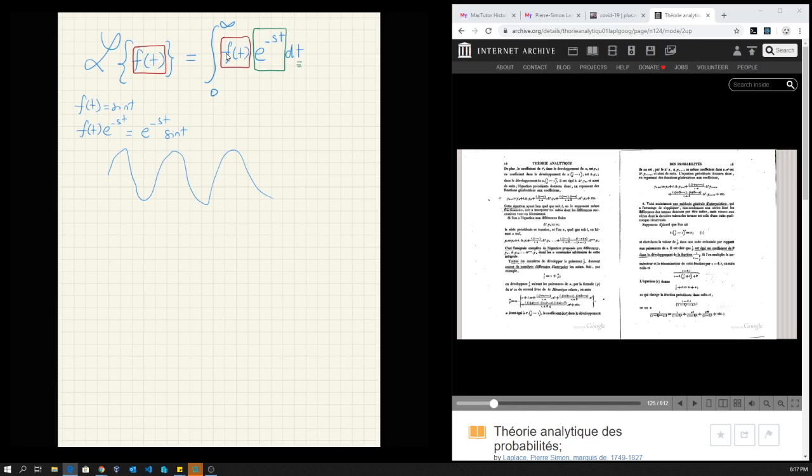But I'm multiplying it by an exponential with a negative in it. If you assume s is positive, what's this exponential part going to do? Well, the e to the negative st will be some kind of decaying exponential like that. Now what happens if you multiply those two? What kind of graph do you get?